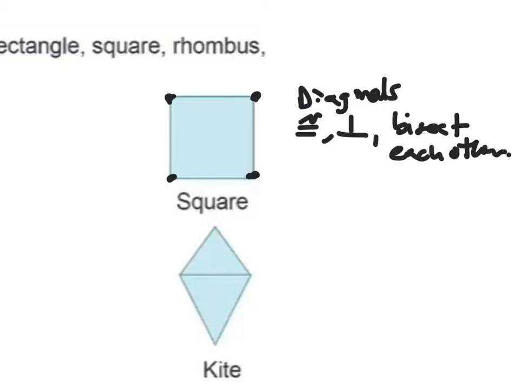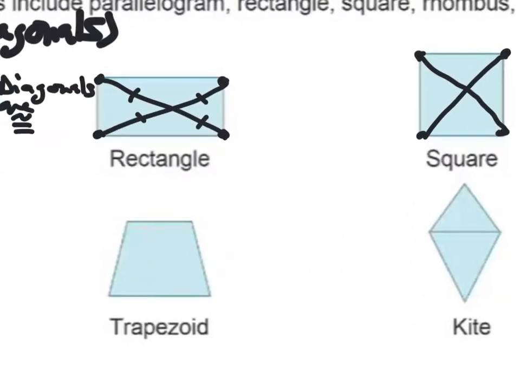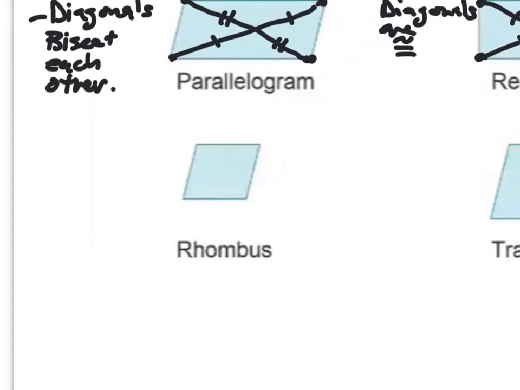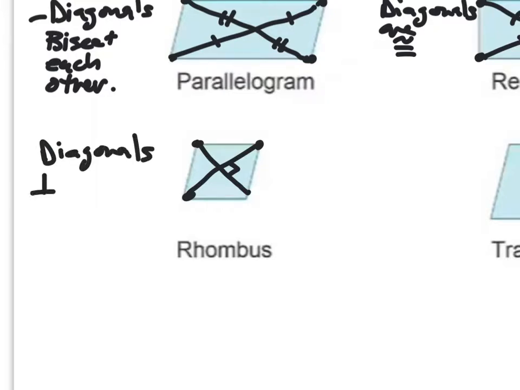And that's the idea. In a rhombus, we only know that the diagonals are perpendicular and they bisect each other.